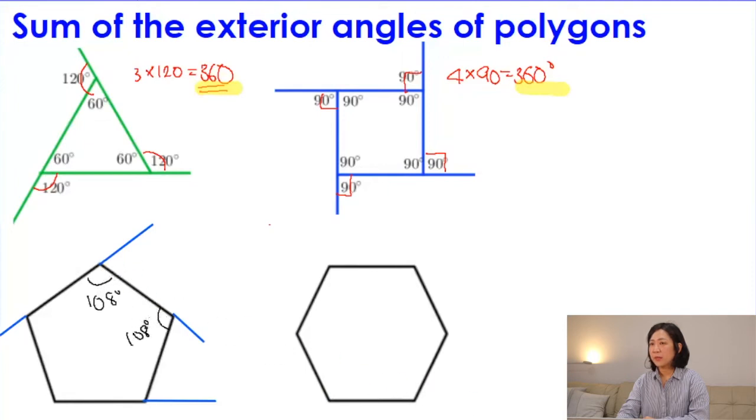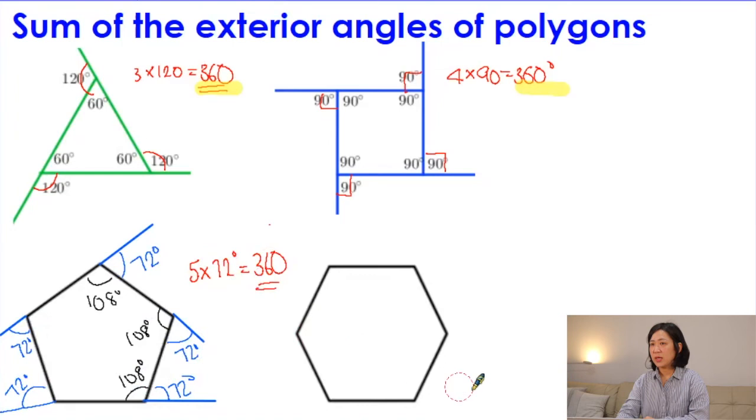The exterior angle will be 72, so we write down 72 everywhere. How many lots of exterior angle can you see in the pentagon? There are 5 lots of 72, which is 360 degrees.